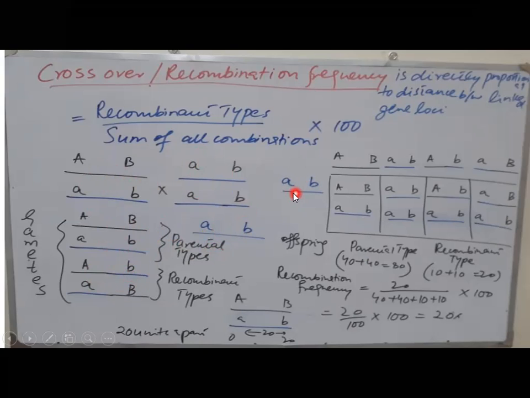Because that is similar, we are going to take only one chromatid, small ab, on this side. And that is the capital AB, this one, small ab, this one, capital A, small b, this one, and small a, capital B, this one.